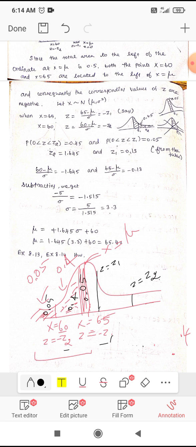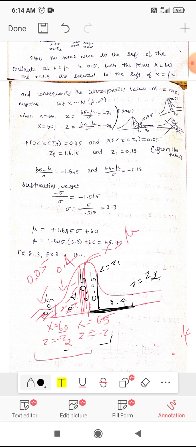Since the bell curve is symmetric, the value up to this one is 0.05, so both are equal. Similarly, the value from 0 to z2 is 0.4.